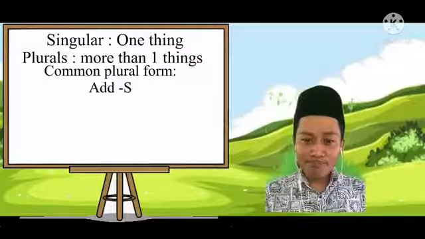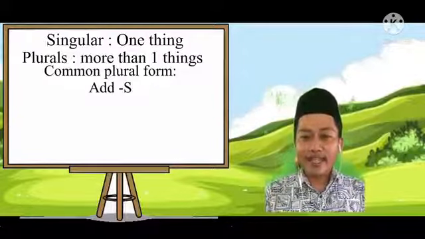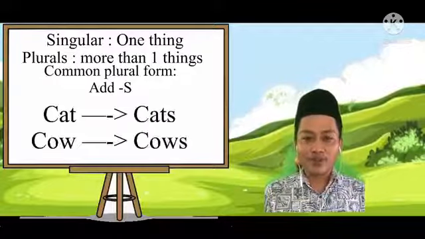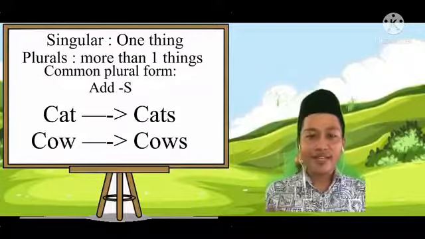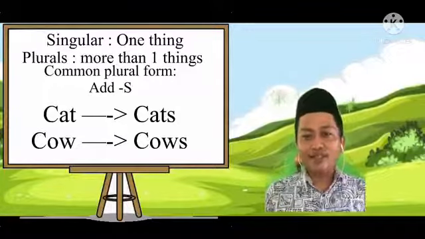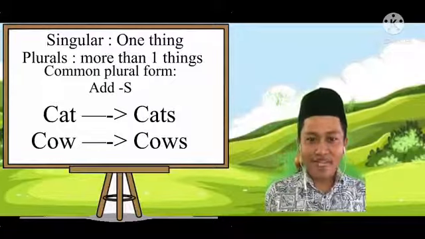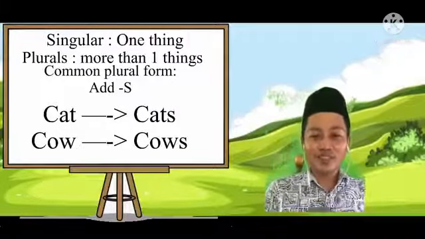The common plural form: you only add s to the end of the word. For example, cat becomes cats, cow becomes cows. Get it? Okay, let's go on to the next part.